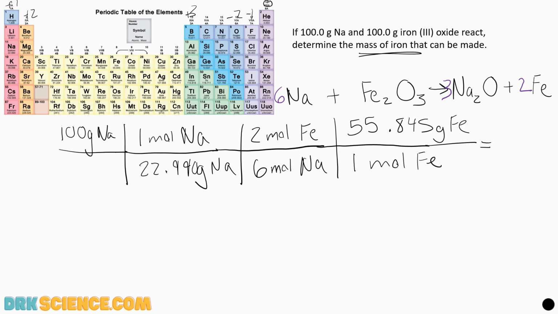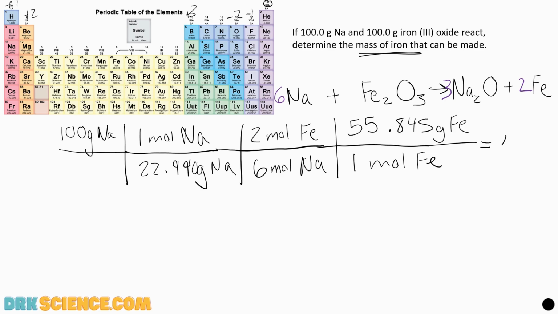So then we can calculate this all out, and the way that we do that is we're going to take our 100 times 1 times 2 times 55.845, and then we divide it by our 22.990 and divide it by 6.